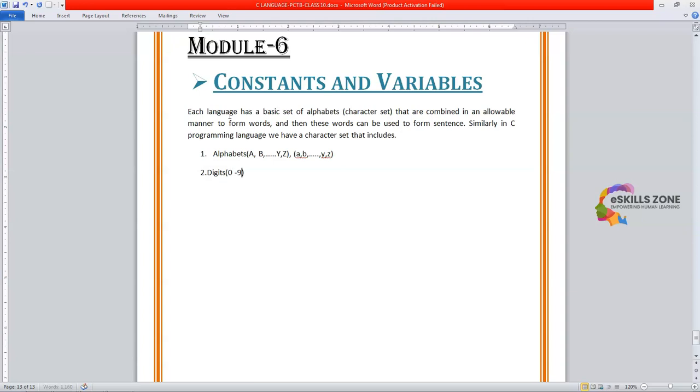Since we as humans use the decimal number system, it contains 10 numbers starting from 0 till 9.